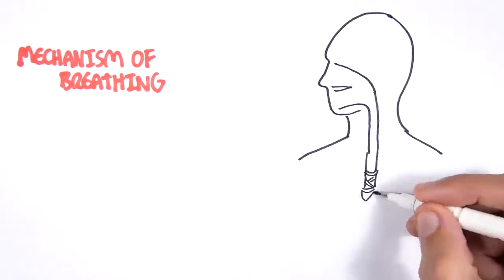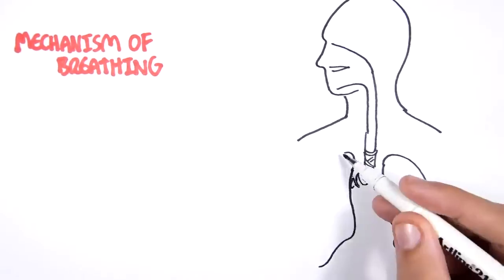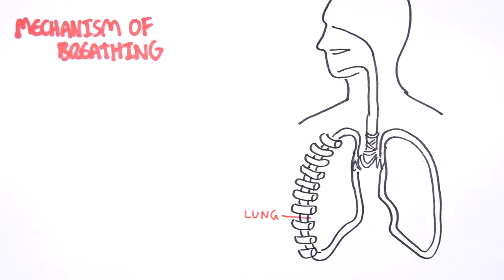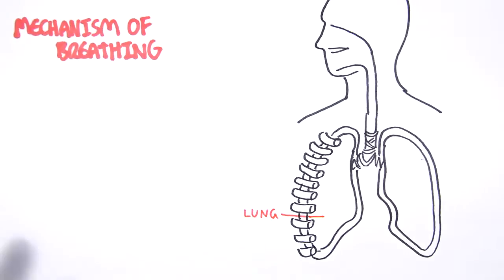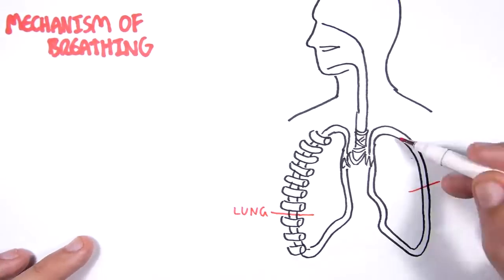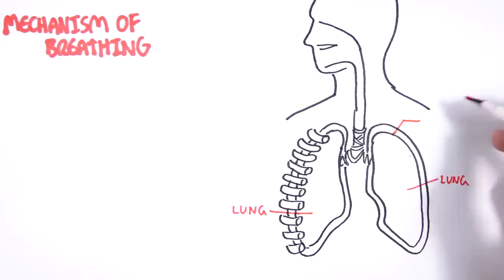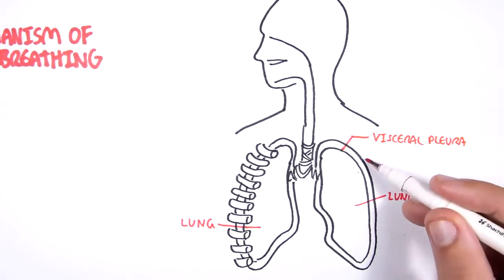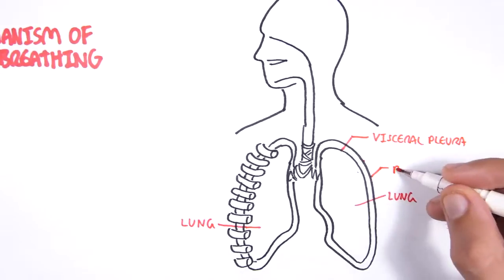Well, here I'm drawing a guy with his respiratory tract: the nose, the mouth, the larynx, the trachea, the bronchi, and the lungs. Here are the lungs. Surrounding the lungs, we have the visceral pleura, which is a type of serous membrane. Then we have another pleura around it called the parietal pleura.